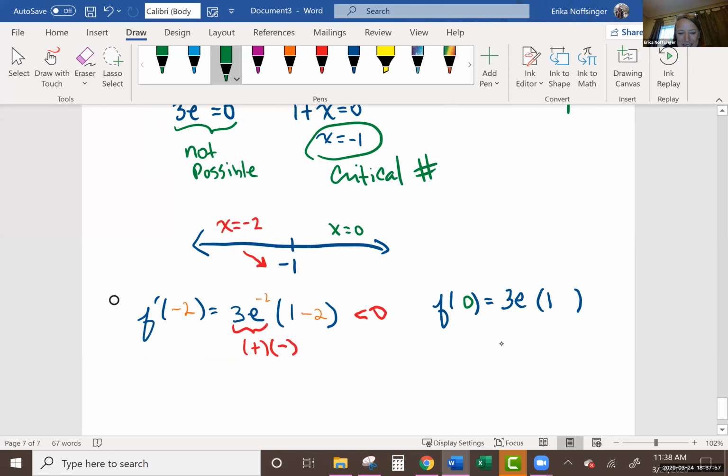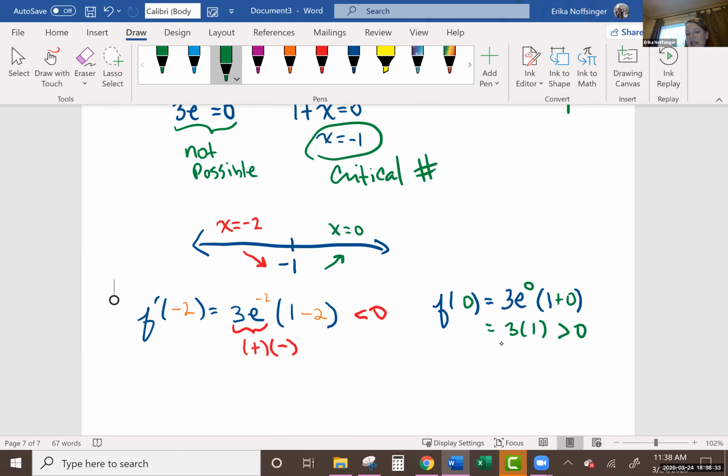We're plugging in 0 wherever we see an x in our derivative function. So we have 3 e raised to the 0 power, and then we have 1 plus 0. There, I did it. This is equal to, well, e to the 0 is 1, and that 1 times 3, so that's 3, all times 1, which I can see is positive. You can see it's 3. It's greater than 0, and so I know it's increasing to the right of -1.